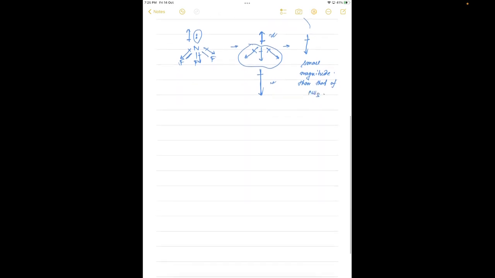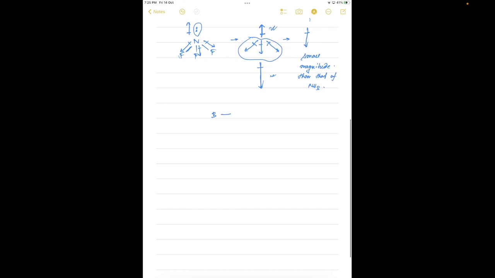Now let's look at the BF3 case. Boron is sp2 hybridized and it has a trigonal structure, and the angle between these two BF bonds is ideally 120 degrees.